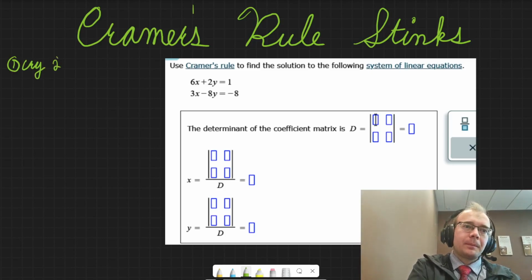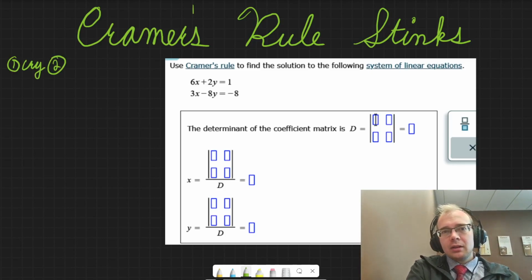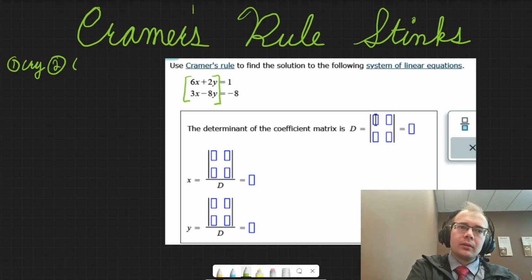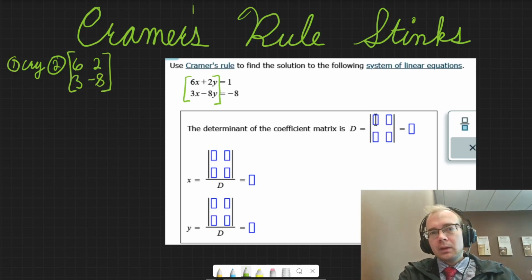Step 2, after you dry your tears, we need to take the first few numbers out of there. Just the numbers 6, 2, 3, and include the signs. If there's a minus sign, it's a negative. Negative 8. Okay? And then we have to take the determinant of that matrix.